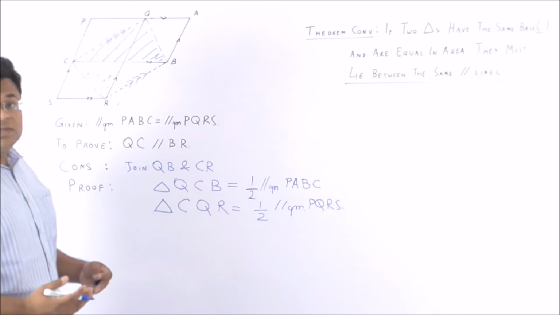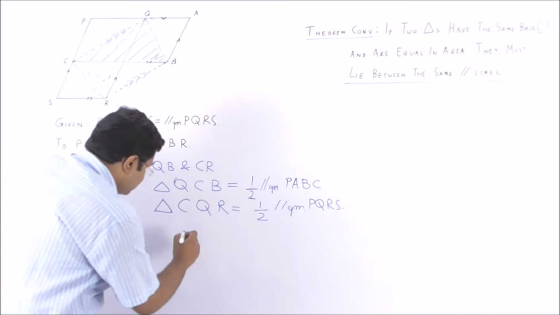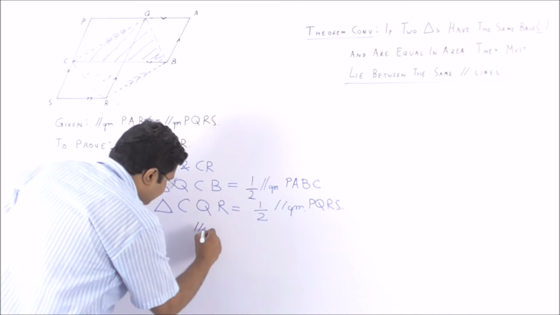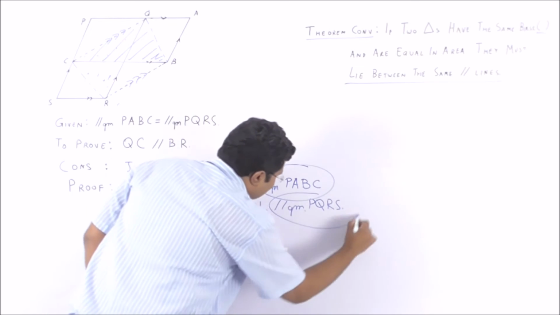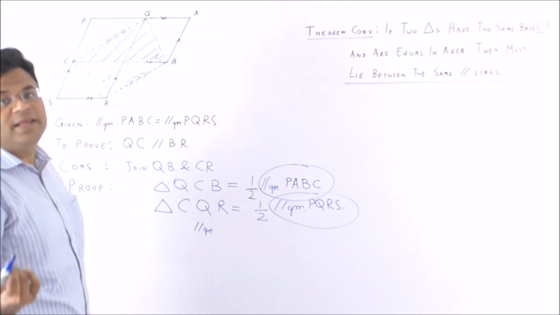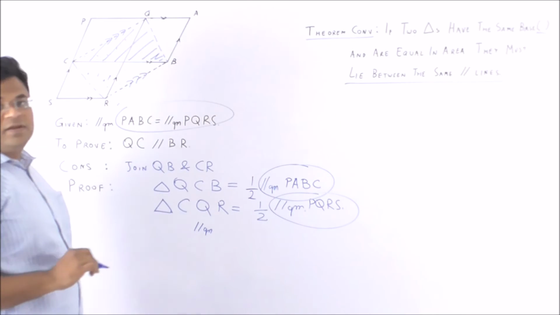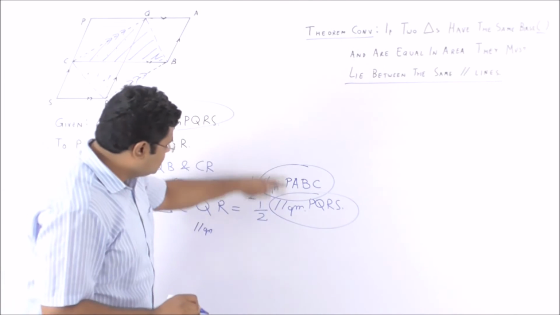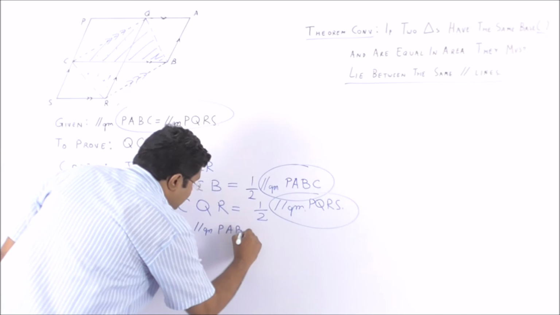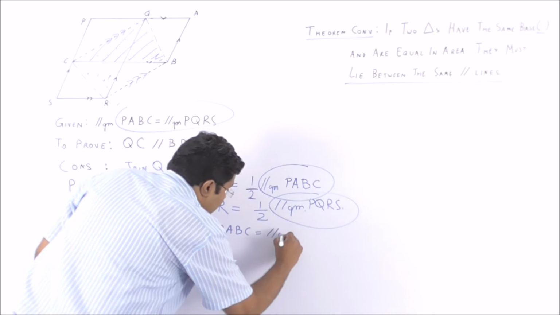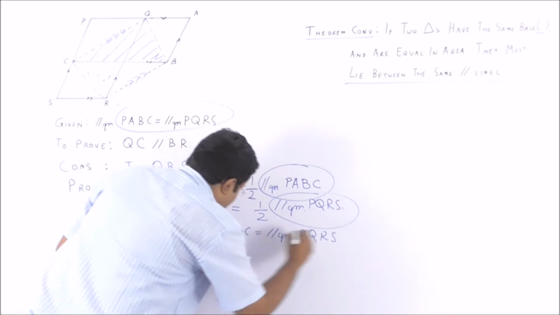Now comes the connecting step. Now comes something which is important. What's that? Children, these parallelograms are equal in area. How do you know that? This was given. These two parallelograms are equal in area, therefore you can say parallelogram PABC is equal to parallelogram PQRS.